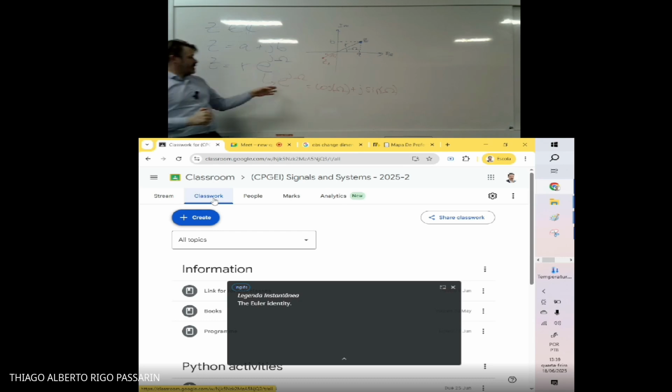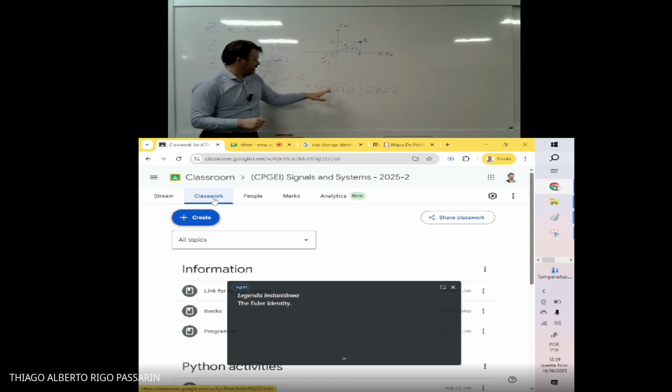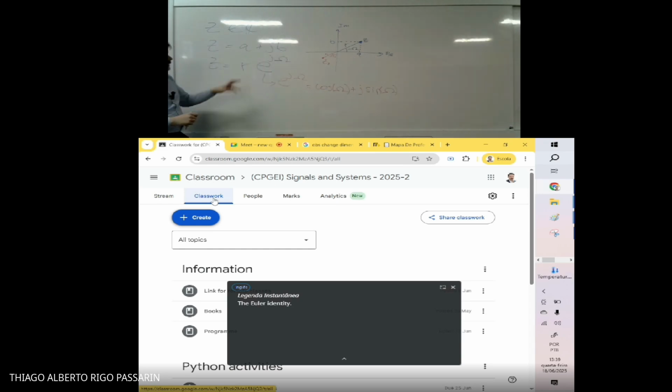And this is actually part of the way that we can use to convert from one representation to the other. Because here we break this in real and imaginary. Then if we just multiply both parts by R, we come back to A and B.